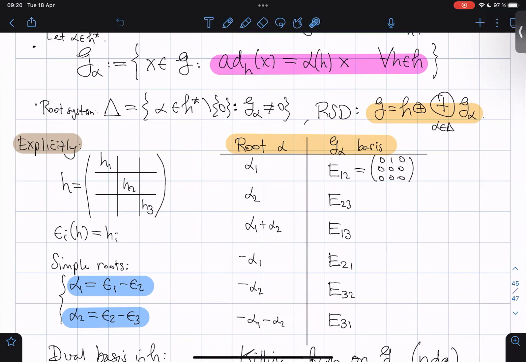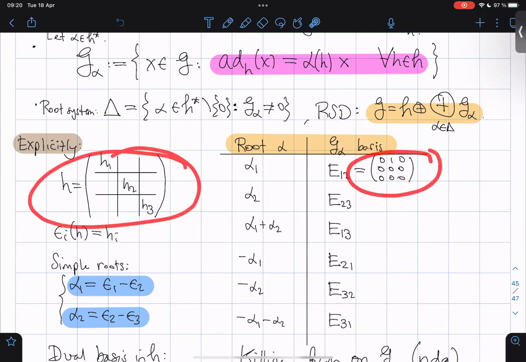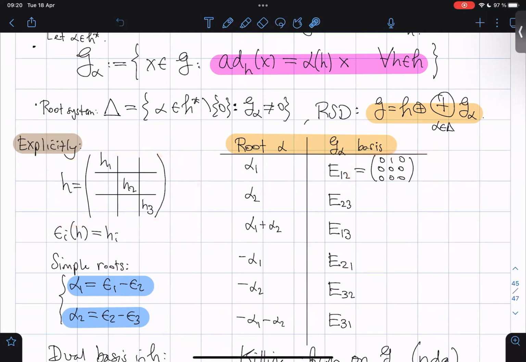Is that okay? If I let this act on this vector, a matrix, it's going to rescale it by alpha 1 applied to H, and that's what we just said was H1 minus H2.